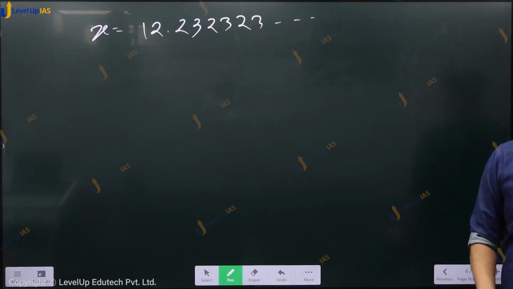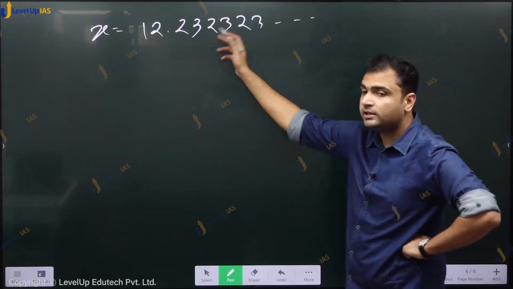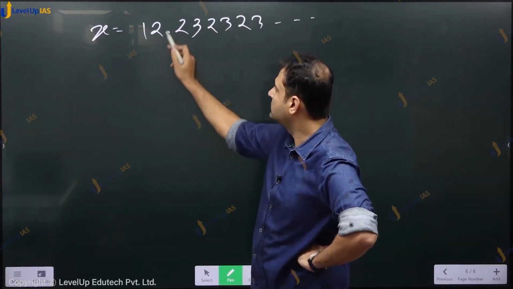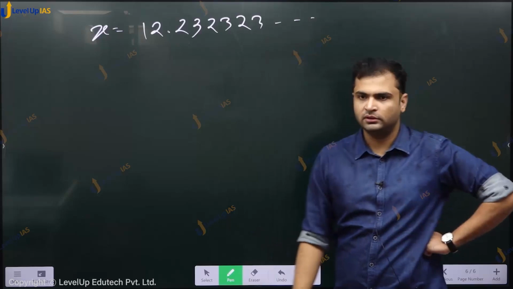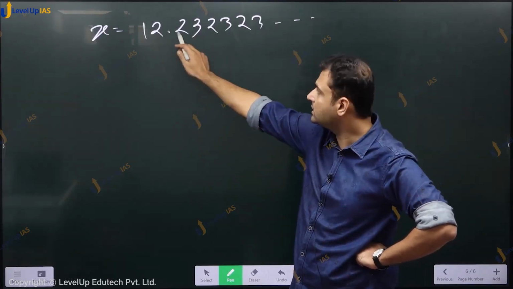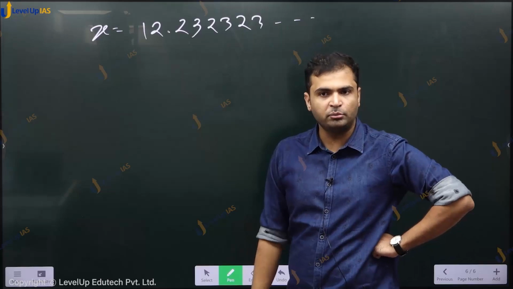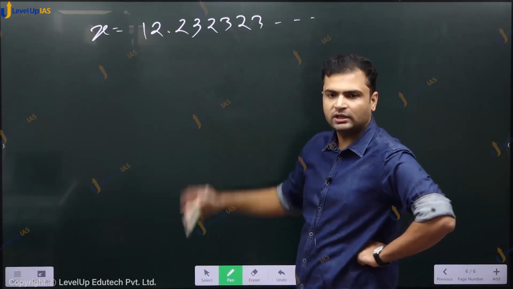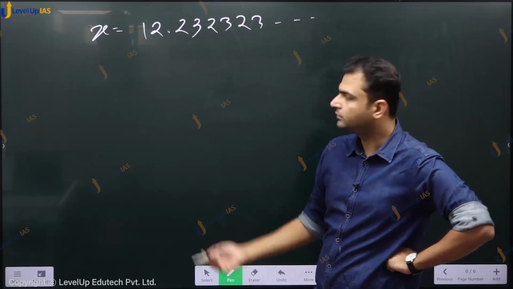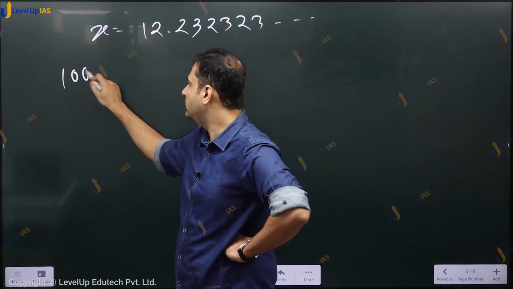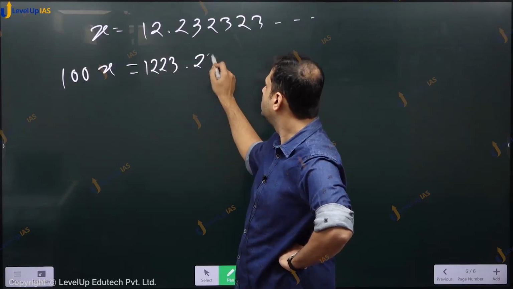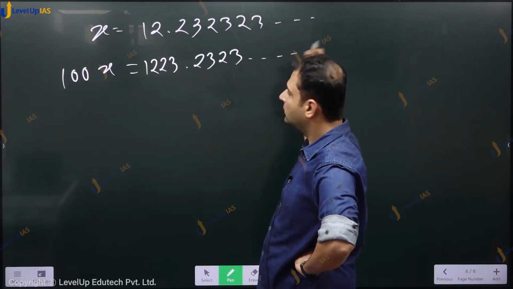The idea remains the same, that we have to get the same repeated part after the decimal point and then subtract. Again, immediately start होता है, the repeating part starts immediately after the decimal point and two digits are repeated. So what should I multiply it with? 100. What is 100x? 1223.2323 and so on.